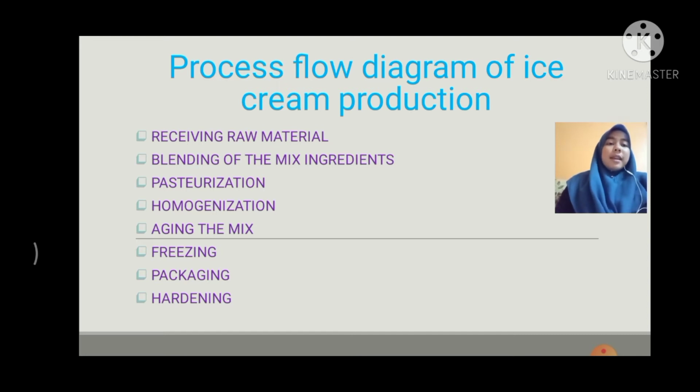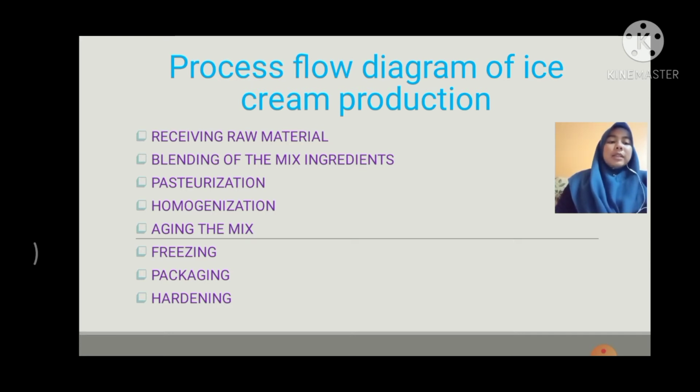Then the second last stage is freezing. In this stage, the mixture will be drawn into the flavor tank and the color will be added. Then it will enter the dynamic freezing process, which both freezes a portion of the water and whips air into the frozen mix.